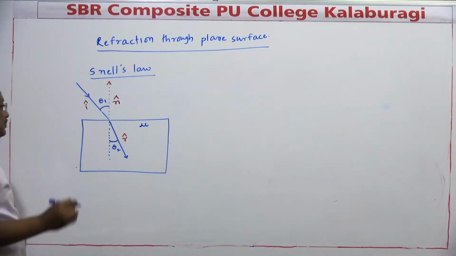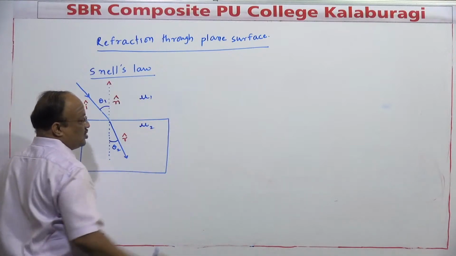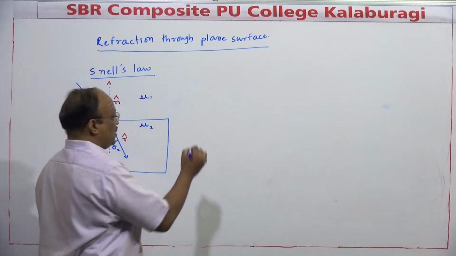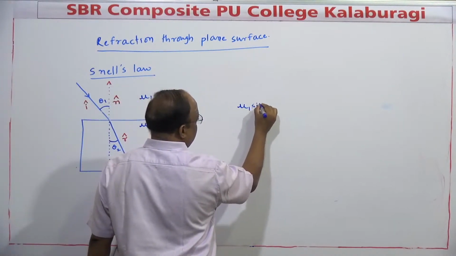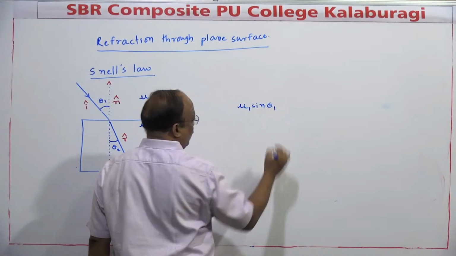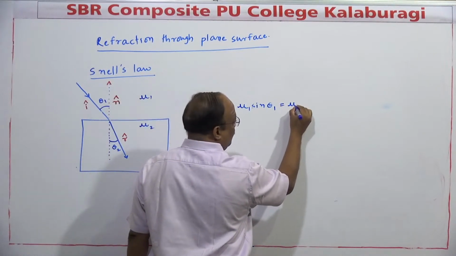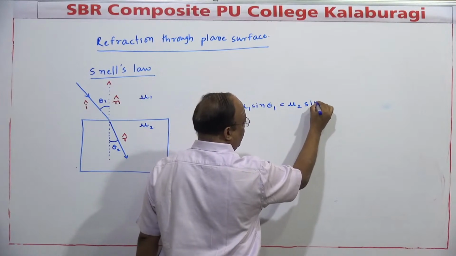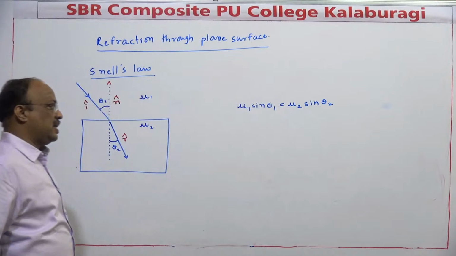So the second law: if this is our mu1 and this is our mu2, then mu1 sine theta 1 is equal to mu2 sine theta 2, our normal Snell's law.